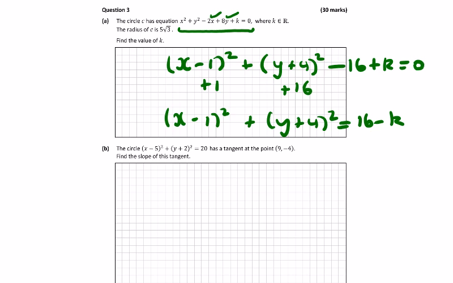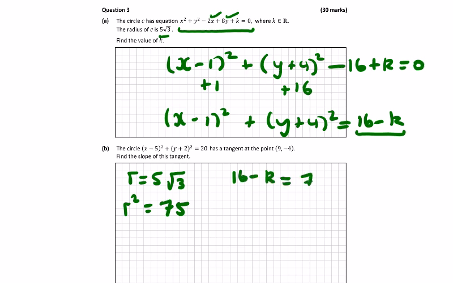We're told that the radius is 5 root 3, so this guy is r squared. If r is equal to 5 root 3, r squared is going to be 5 squared, 25, by 3, 75. So 16 minus k is equal to 75.